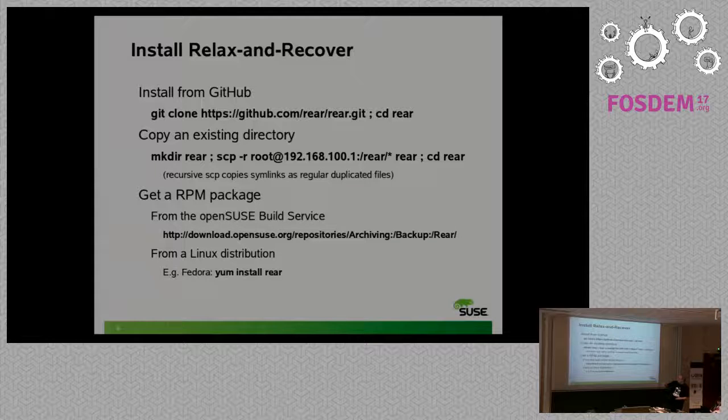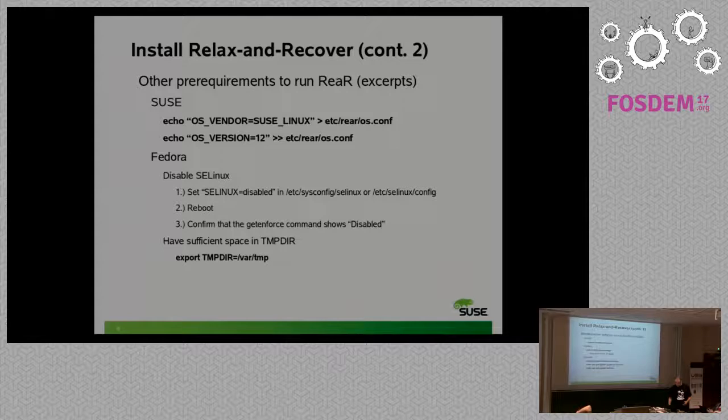If you installed from GitHub or by copying the shell scripts into some directory, you change into this directory where the Relax-and-Recover tree of shell scripts is, and then you do everything relative to this directory, leaving out the initial slash. That's what I did on SUSE, with etc without the slash. So you must decide on your system whether it is /etc or the etc in the rear directory.